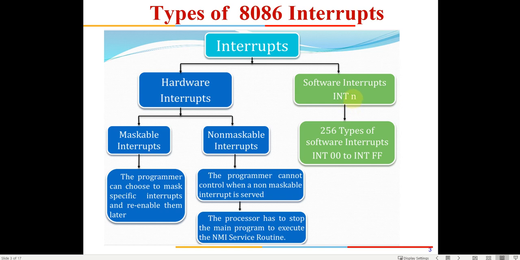This number can be from 0 to 255, so there are 256 types of interrupts. 256 numbers means it's a single byte, an 8-bit number, so total from 00 to FF. So there are total 256 types of various interrupts.